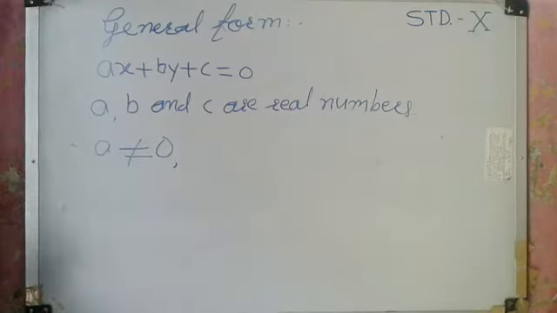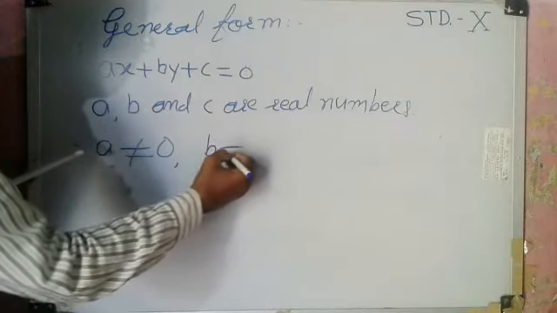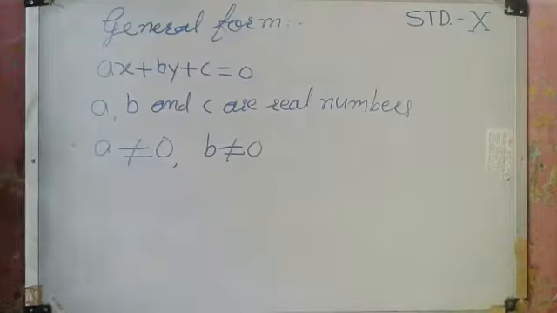A is not equal to 0, B is not equal to 0. And if such conditions are there, then such type of equation is called linear equation in two variables.